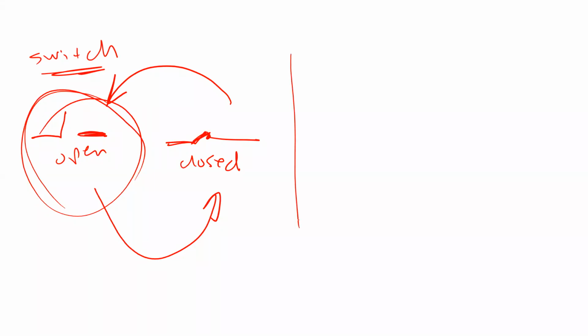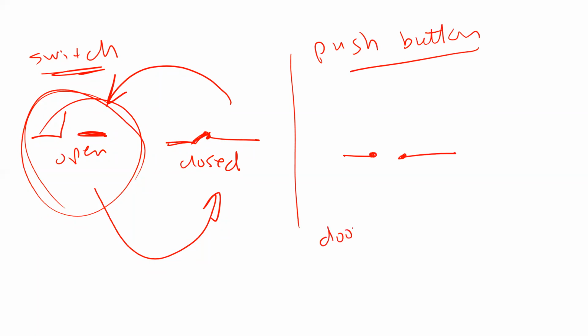What about push button? In order to understand this difference, push button is different. What happens in push button is the following. Look here, guys. It's like your door bell, a push button. What happens here, guys? It has a spring.